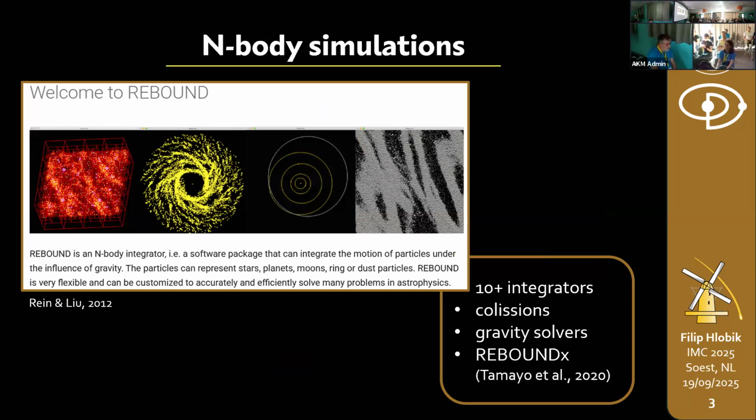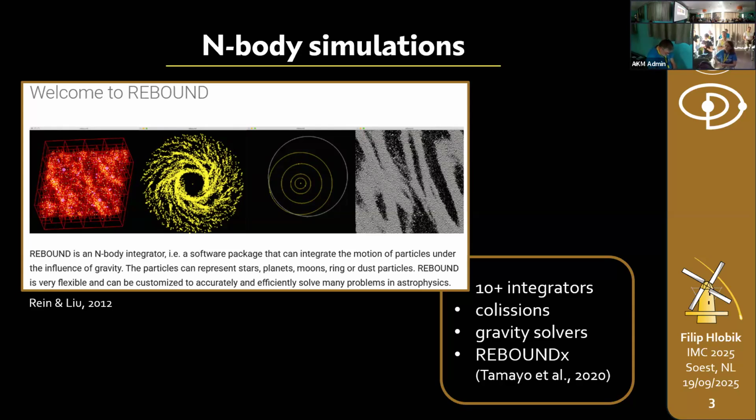To perform our study, we used n-body simulations with the software package called REBOUND by Hanno Rein. It's a very versatile package for n-body simulations containing many integrators, more than 10.